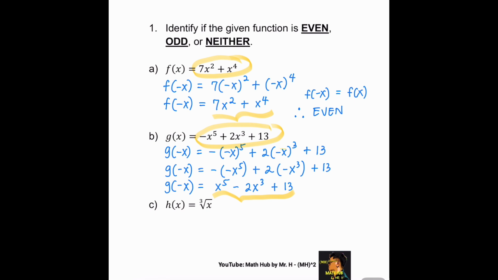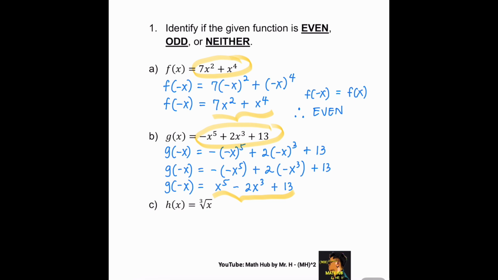But the third term is the same, right? So positive 13 and positive 13. So basically, not all the terms were changed to the opposite, only the first two terms, right? So the rule is all the signs of all the terms should change to the opposite in order for it to be considered odd. But since the third term fails, right?